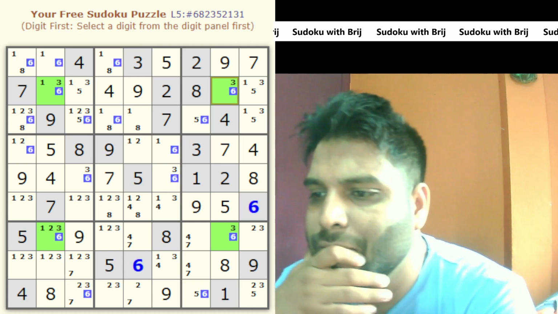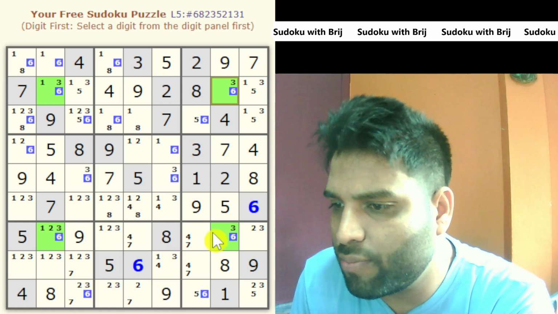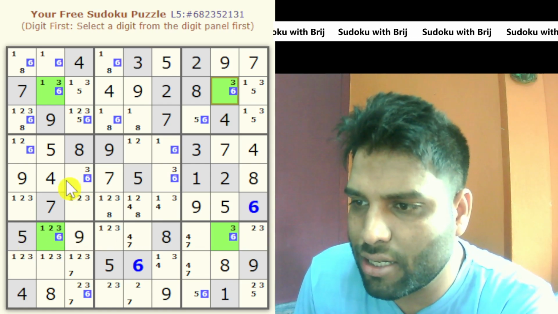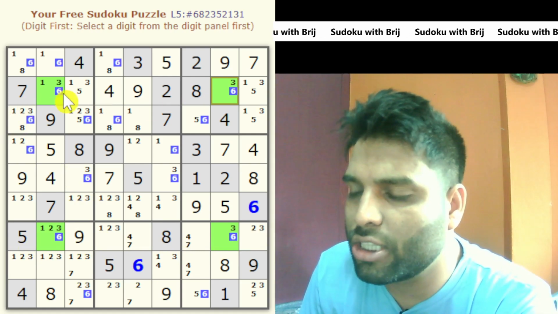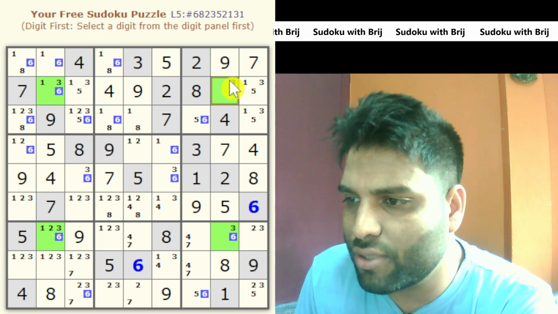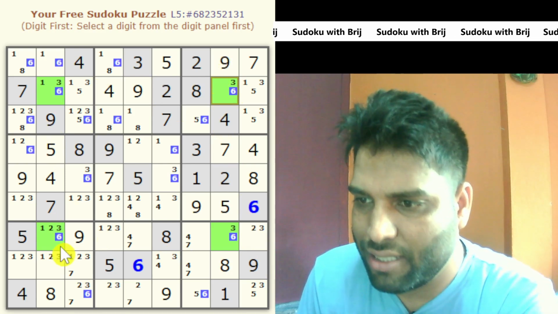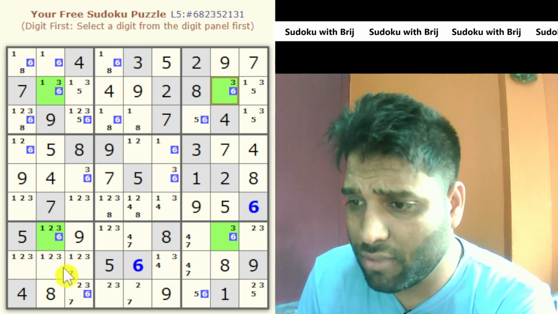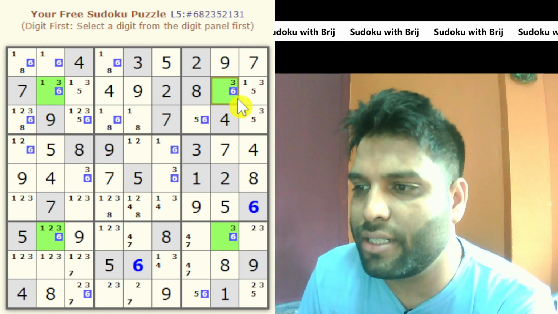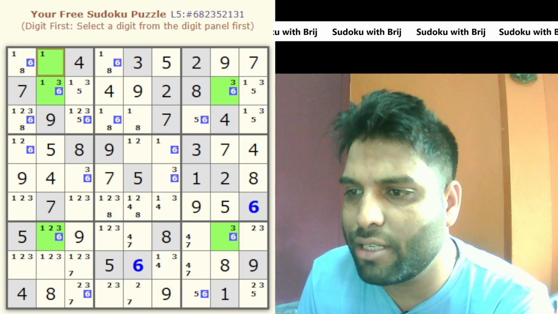Okay, so in this row 7, the possibility of 6 is only in these two cells, and also in this row 2 the possibility of 6 is only in these two cells, and these 4 cells complete a rectangle. So now any cells that come in the columns of this rectangle can be eliminated. So I think there is only one elimination, which is over here. So 6 can be eliminated from there.